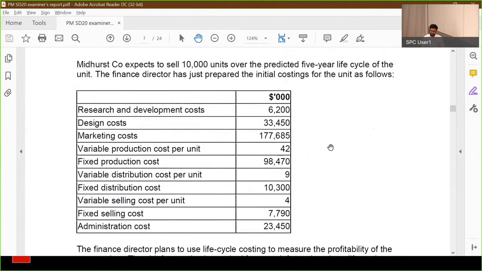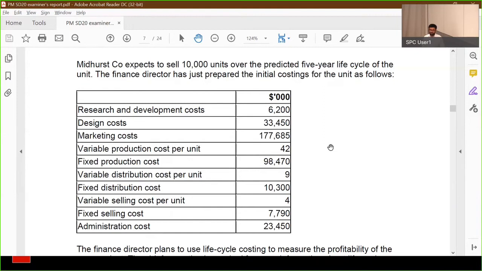Again, an advice: whenever you are solving a numerical question, first try to recall what formula, what method is needed to get the right answer. So if I want to calculate life cycle cost per unit, probably we know that all kinds of costs that are incurred over the life cycle of the product should be added in the calculation, no matter it is production cost, no matter it is non-production cost, no matter it is upfront R&D cost or downstream withdrawal cost.